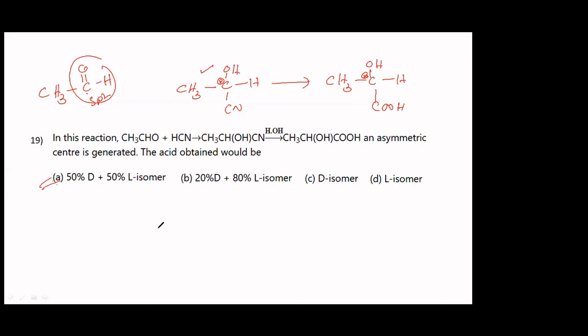Because it is planar, if you write it this way, C double bond O, the sp2 carbon is becoming sp3. When that happens, the bond can be formed from below or from above. Because of which both are possible, right? The correct option is this: 50% of D, 50% of L isomer is possible.